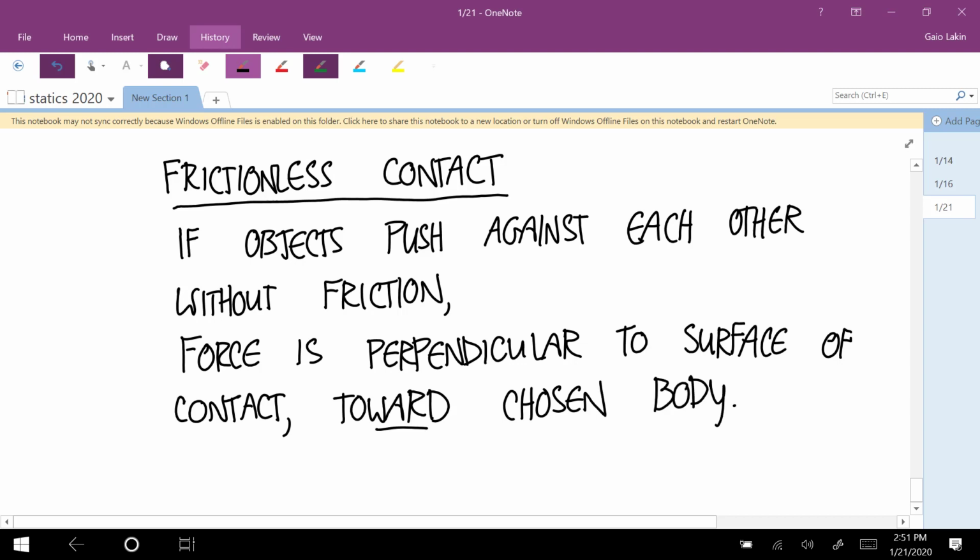So cable forces are away from the chosen body. Pushing forces are toward the chosen body.